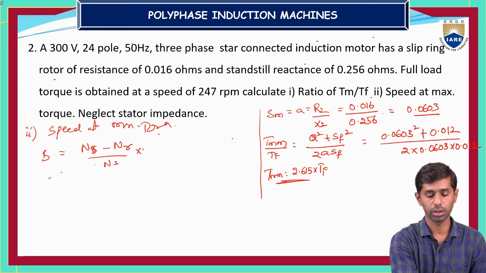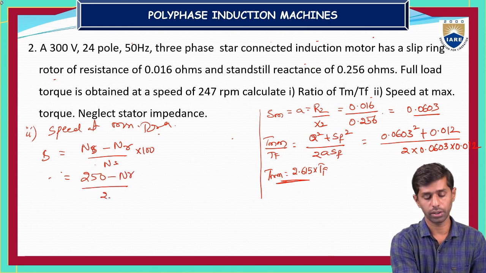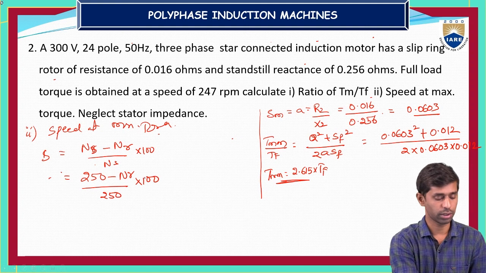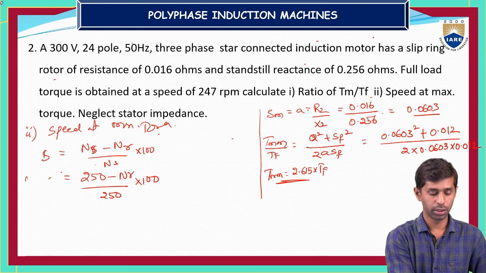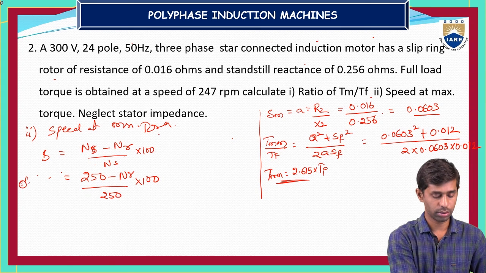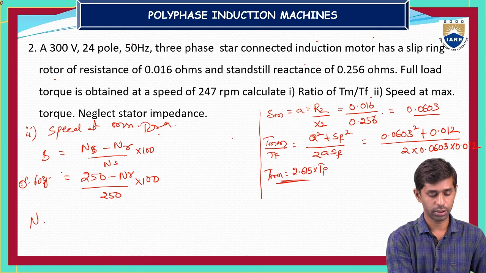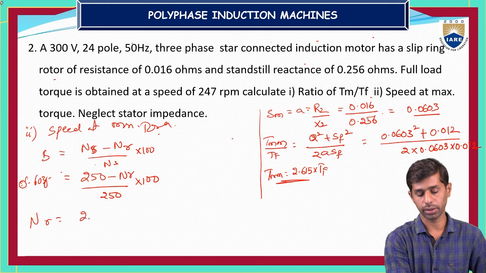Ns is 250 rpm, minus Nr, divided by 250. So with slip equal to 0.0603, substituting, you will get Nr equal to 235 rpm.